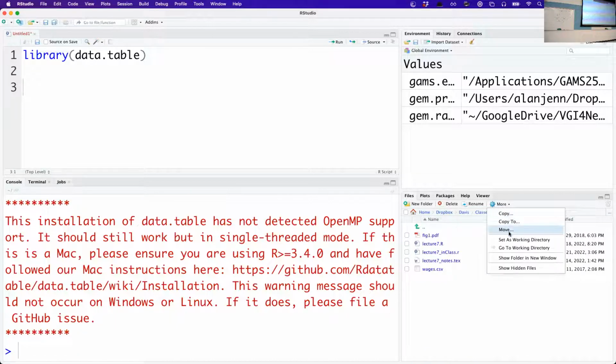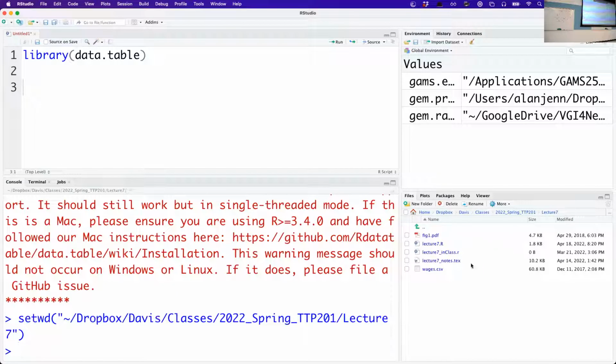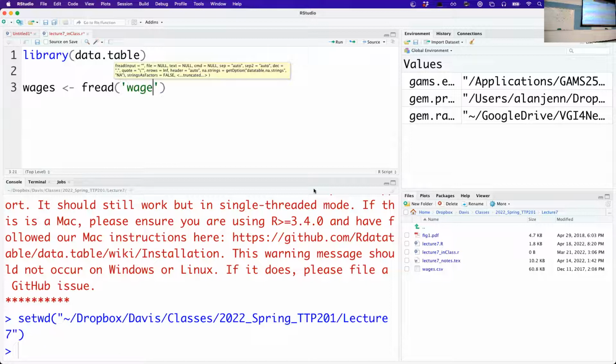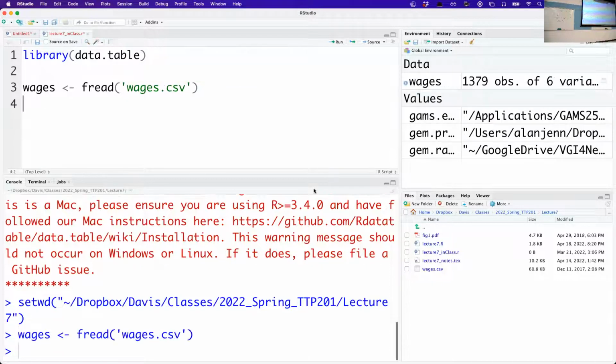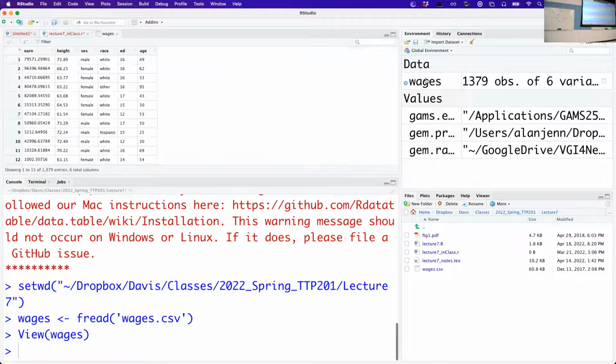Let's set this as the working directory. Okay. And I'm going to load in a data set called wages. And let's go ahead and take a look at this data.